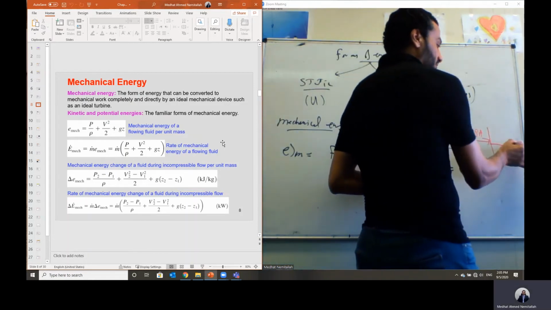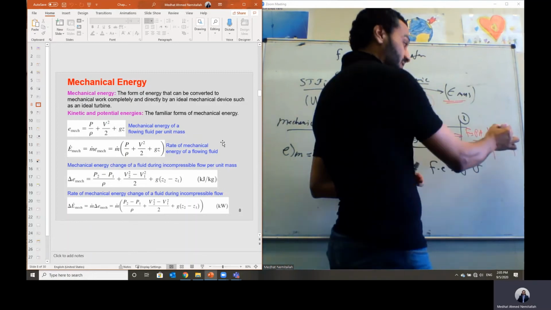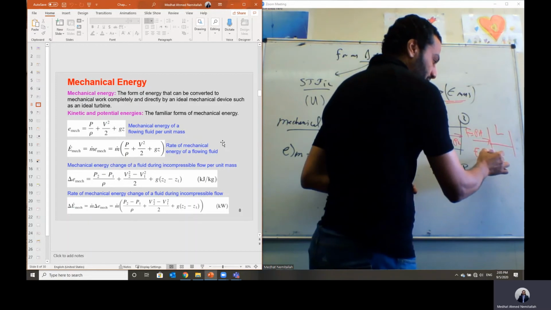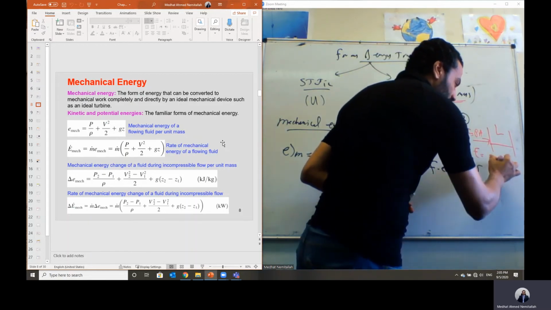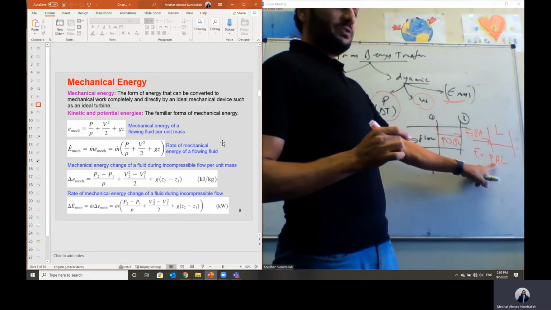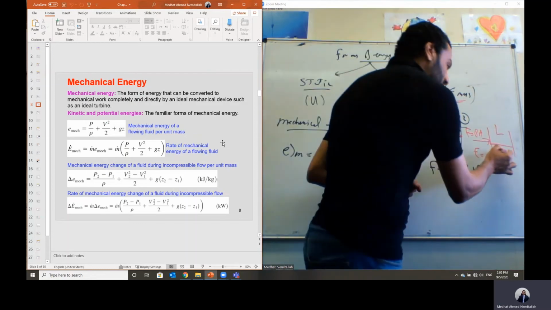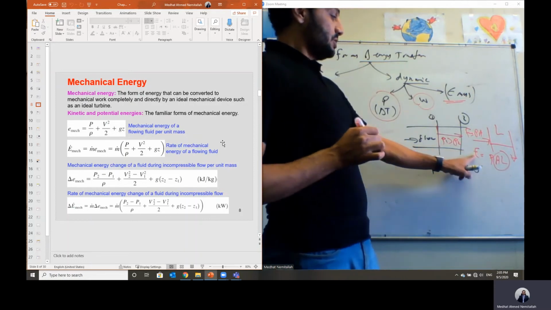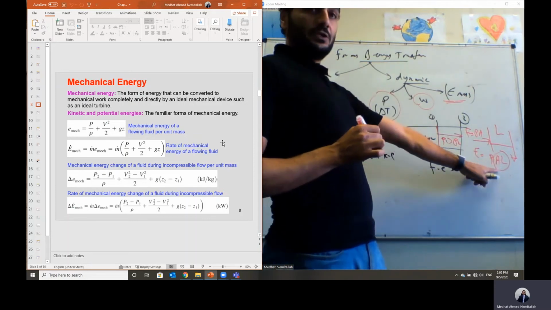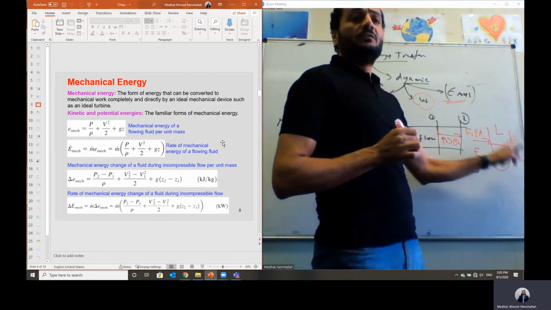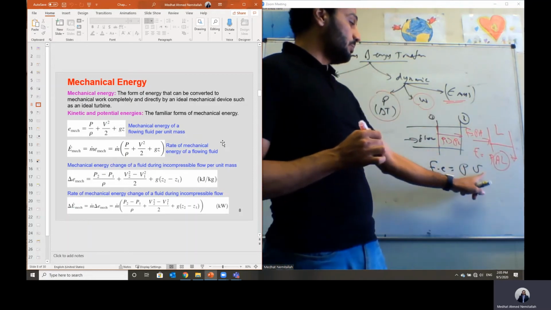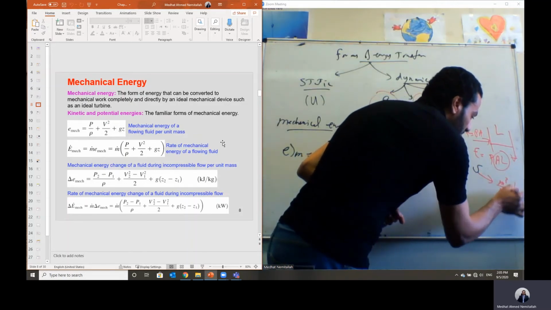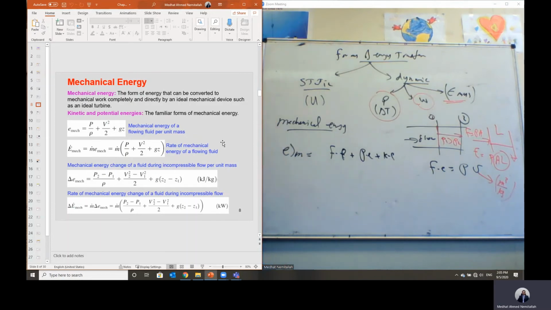As the flow moves from one point to another, it moves a distance L. So the work, or the energy of the flow, equals pressure multiplied by area, which is the force, multiplied by the distance L. Area multiplied by distance L is the total volume. This total energy, which we call the flow energy due to pressure, equals pressure multiplied by volume. So the specific flow energy equals pressure multiplied by specific volume, which is calculated in cubic meters per kilogram, and this is the flow energy.